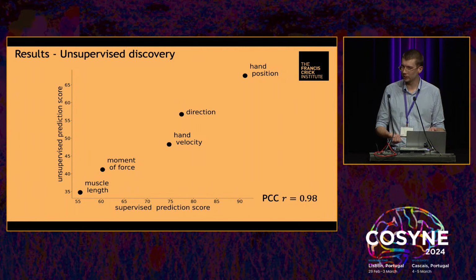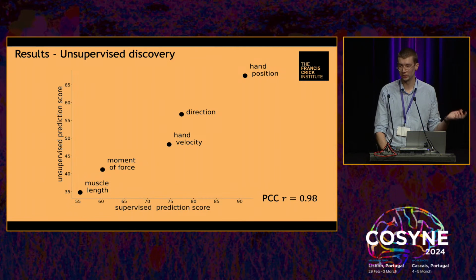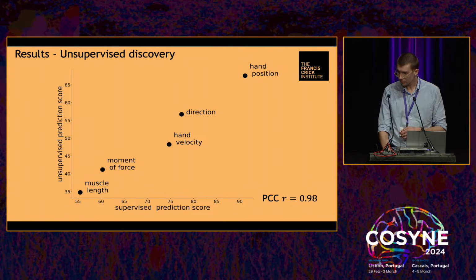So you have hand position, direction, hand velocity, moment of the force on the joystick, and the length of the muscle of the arm. On the y-axis, you can see how well the unsupervised version of the model predicts these different variables. And then we trained separate supervised models using each of these targets.